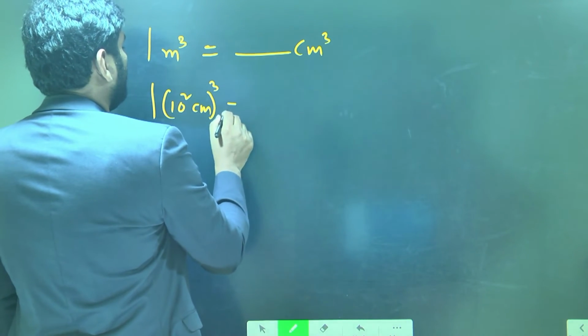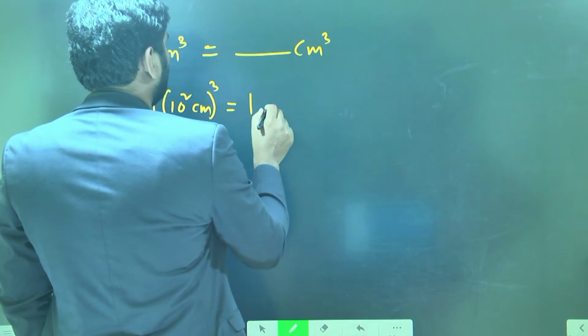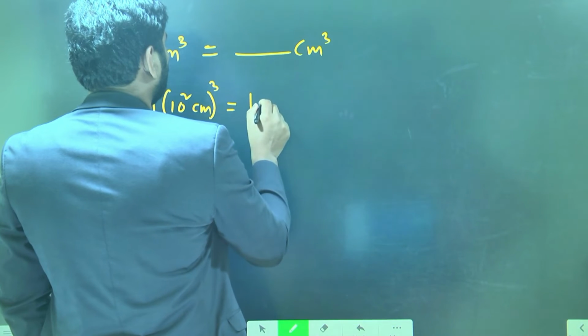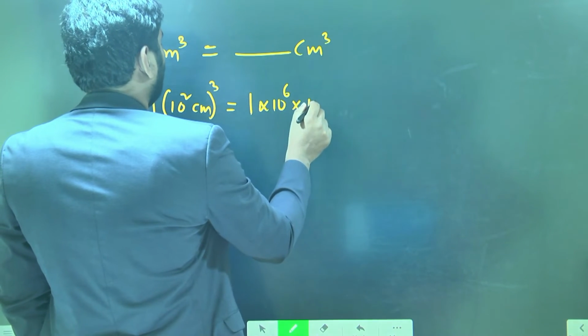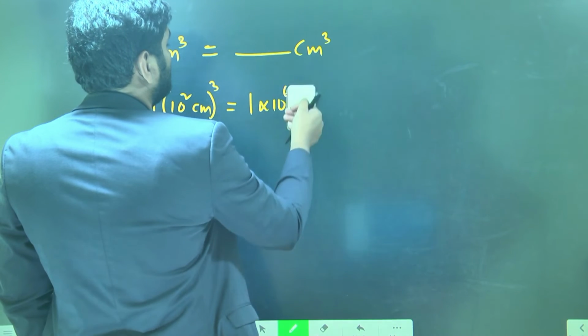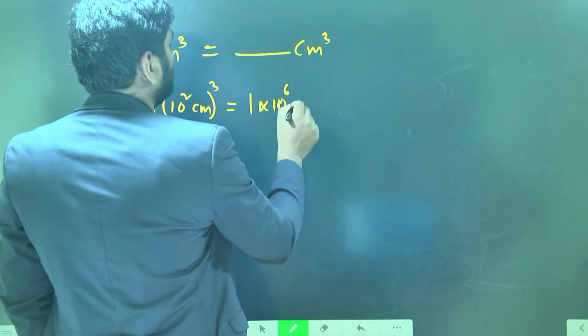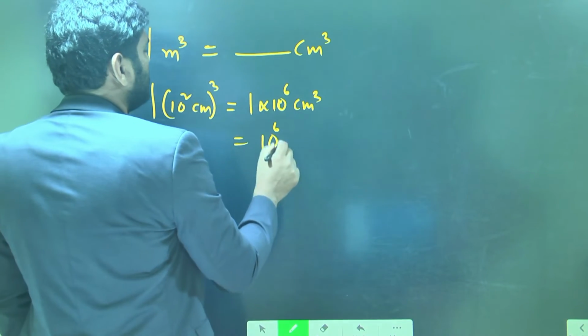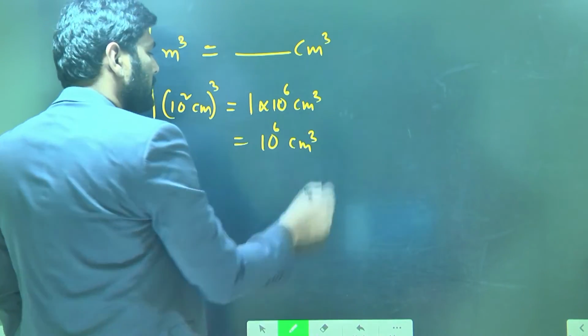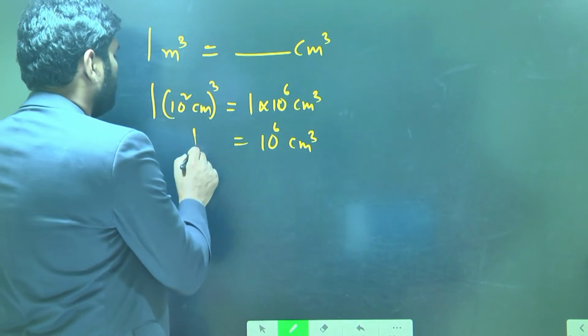So I can write this as 1 into 10 power 6 centimeter cube. So finally 10 power 6 centimeter cube is equal to 1 meter cube.